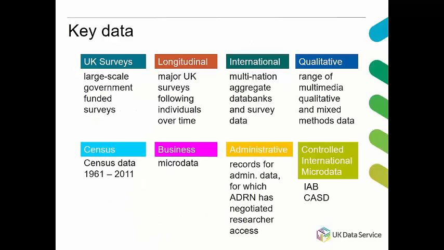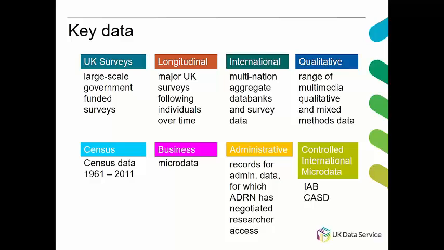So this is the structure of the key data. So there are UK surveys, which are large-scale government-funded surveys, like the Labour Force Survey, for example, or the Annual Population Survey. Then the longitudinal UK studies following individuals over time. We have international macro and microdata, qualitative and mixed methods data, census data, business microdata, and here these are mainly covering all the secure lab data, administrative records, and also we have access to controlled international microdata via our safe room.